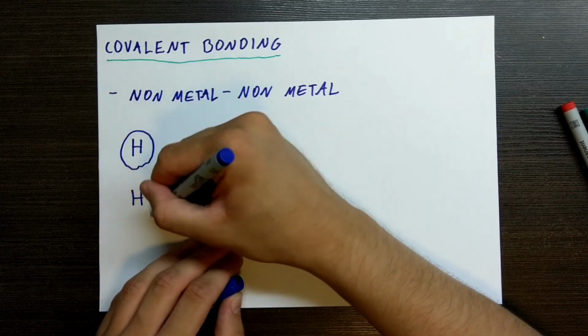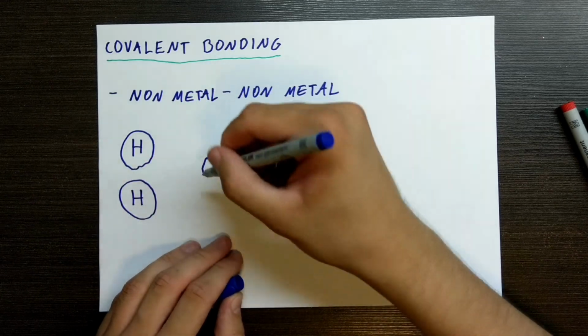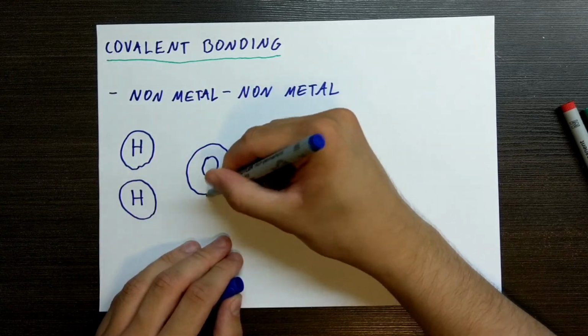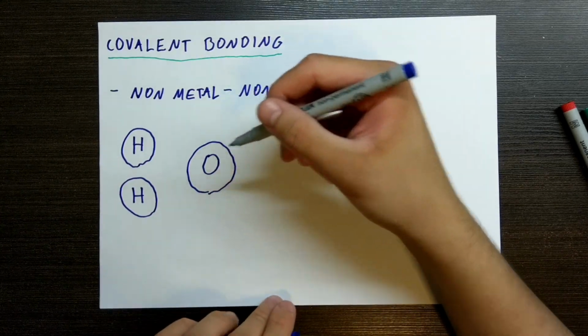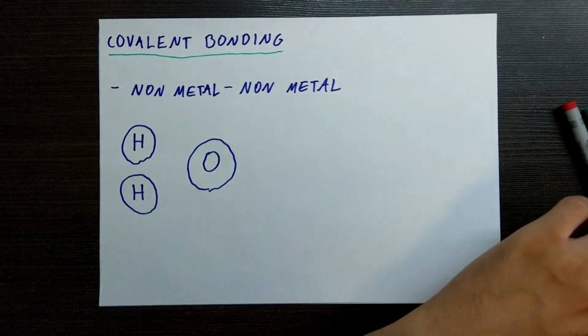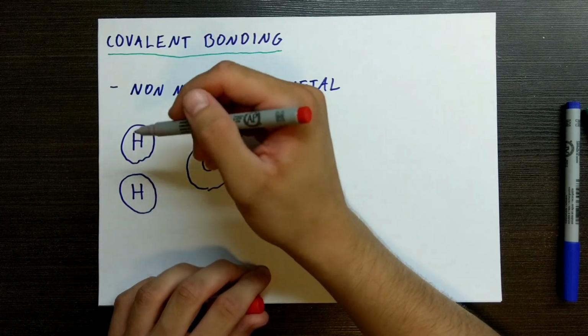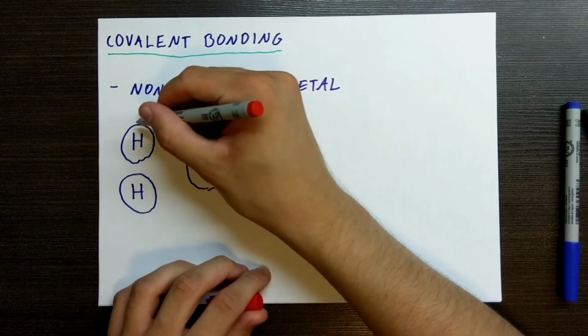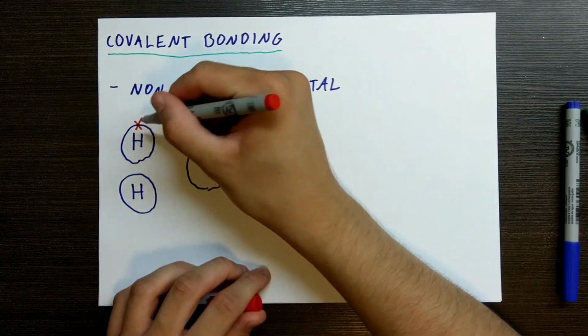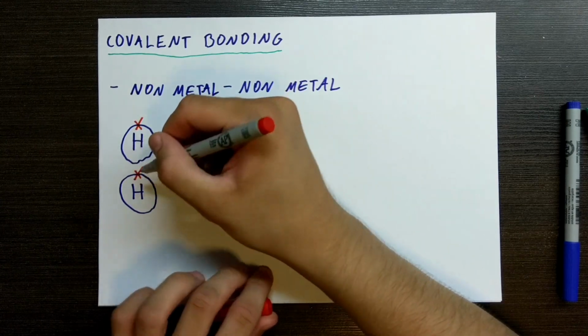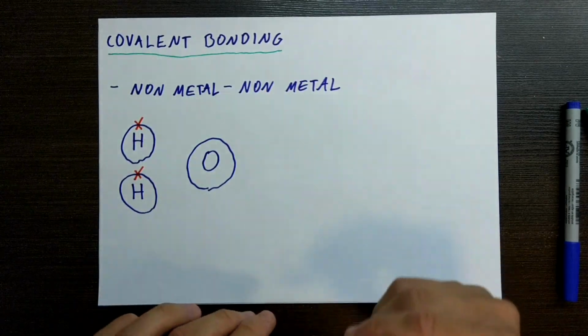Let's draw out the outer shells of each of these. We have two hydrogens, and since they are in the first group, they have one electron in the outer shell each.